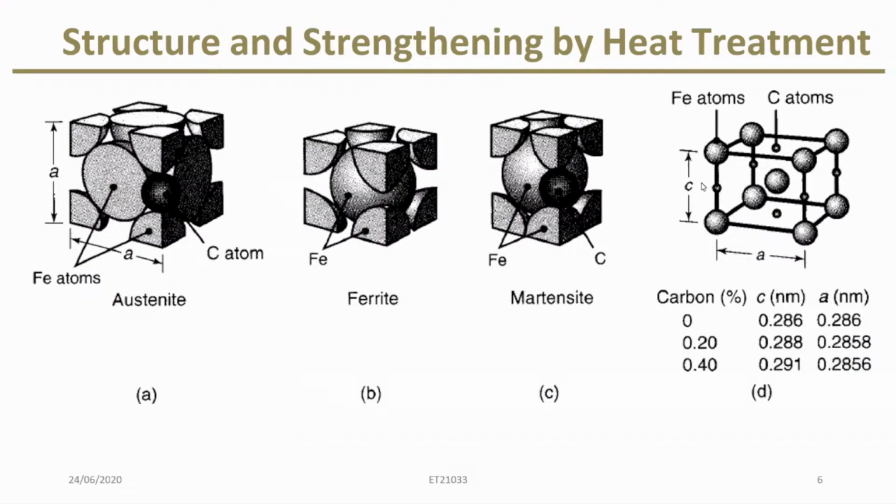A typical hypoeutectoid steel after normalizing looks like ferrite with pearlite. It is hard enough for machining, fixtures, and most structural brackets and welded structures.